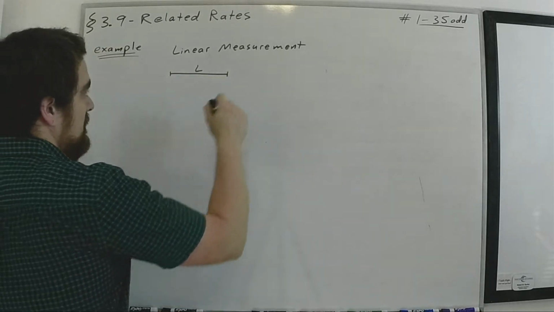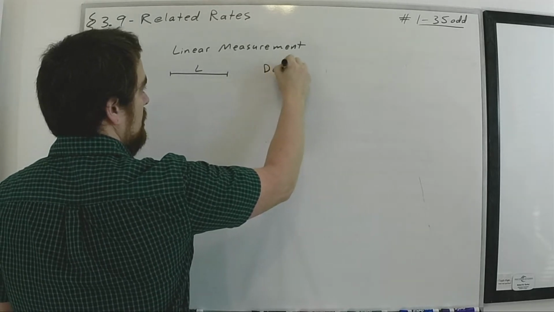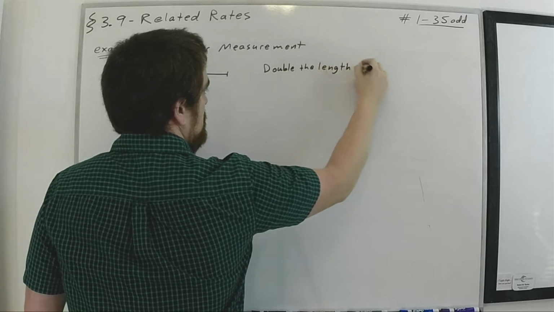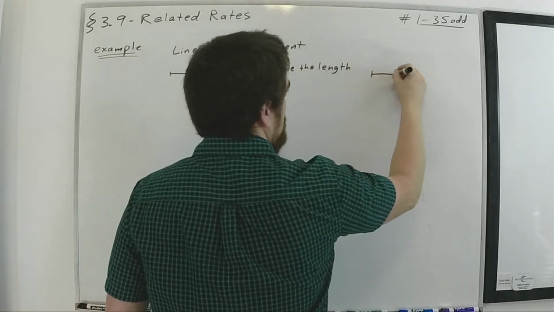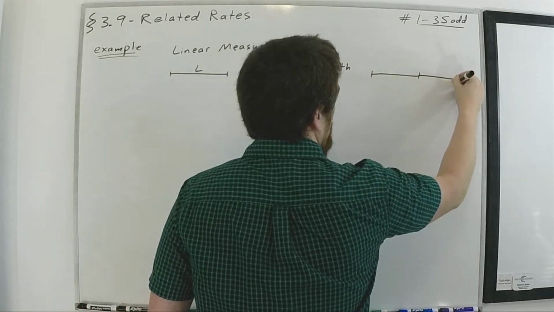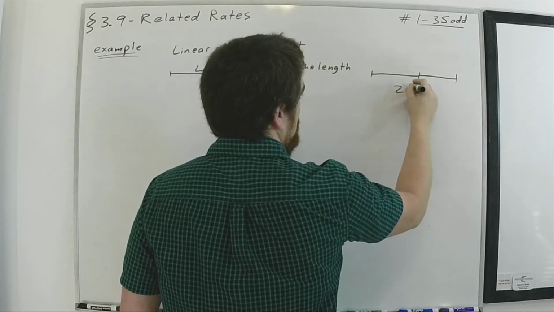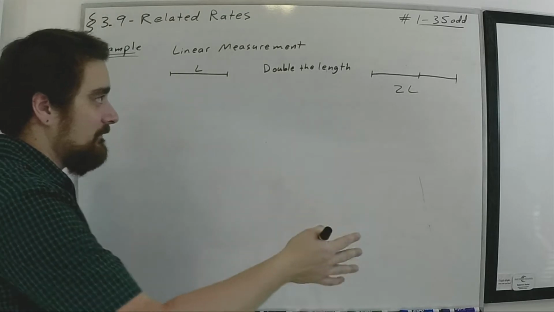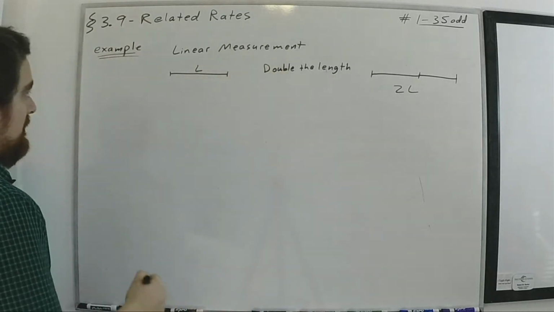If I want to take this and double the length, it's not a terribly hard process, right? There's one length, there's two lengths. The whole thing has length 2L. So if I double the length, I just simply double what I already had.